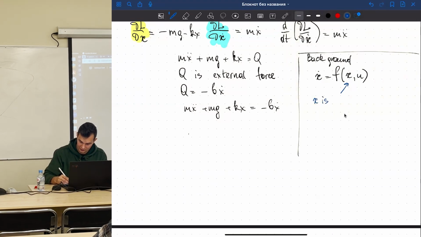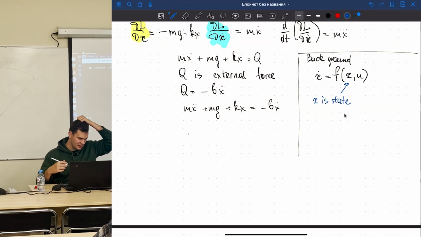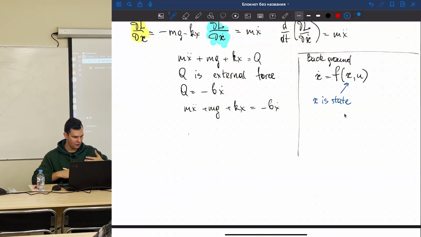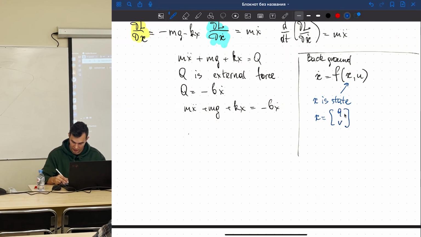X is a state. It doesn't mean that x is a position. It can be any vector that we consider as the state. For example, the state can be a vector of our position and velocity, so here q is a position and v is a velocity.